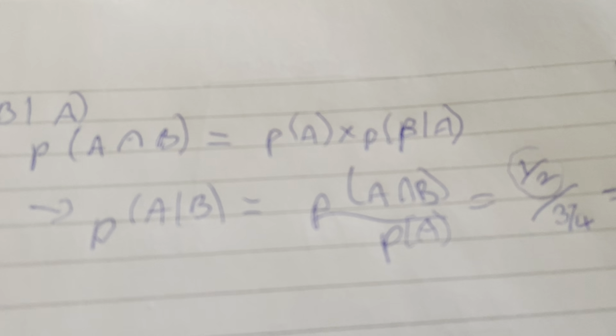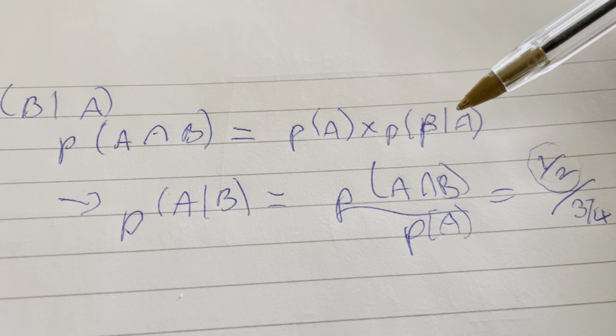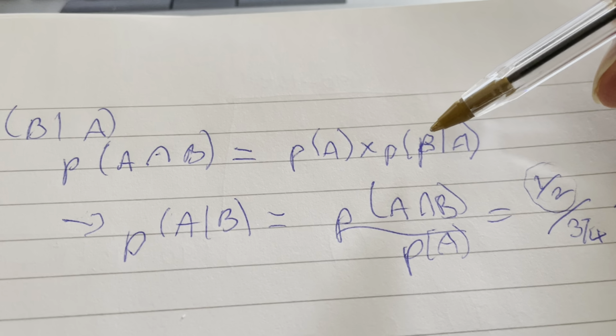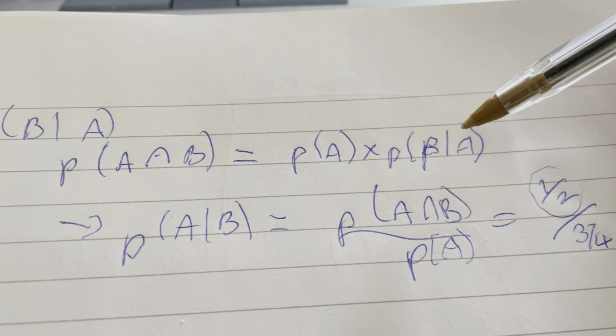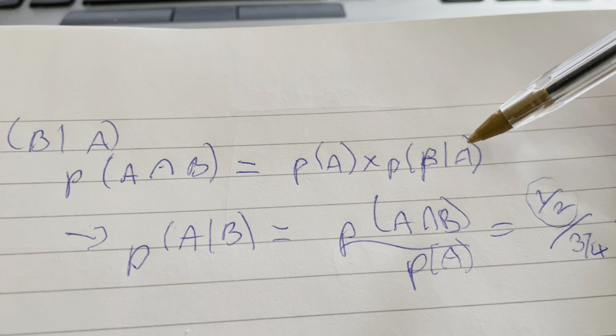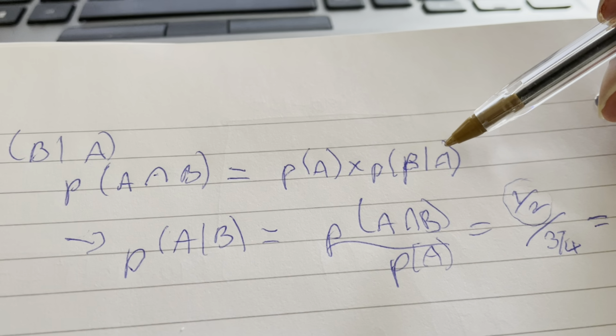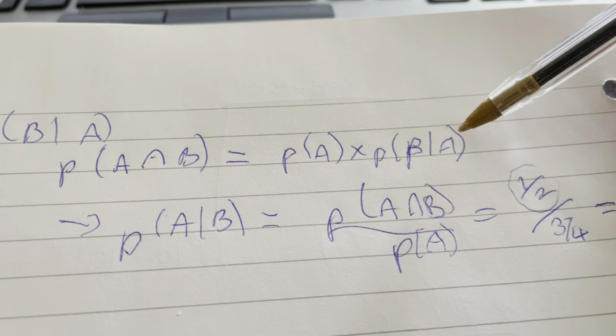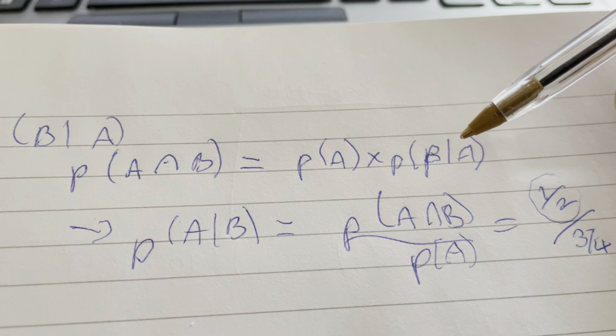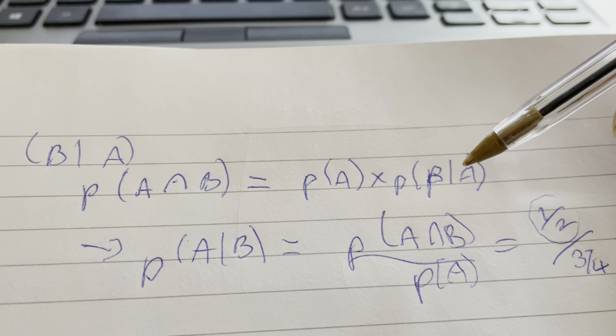Now, if they're independent events, then that will just be the same as the probability of B, because if they're independent, then the probability that B happens will be totally independent of whether A has happened or not. So that's something we'll look at later.